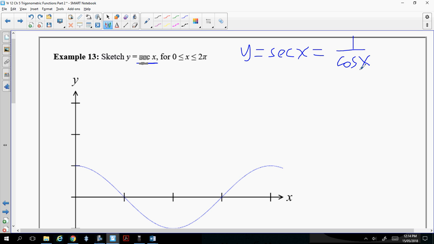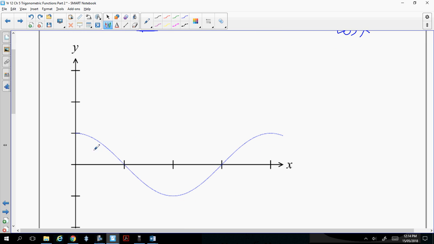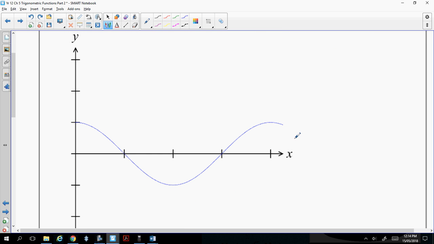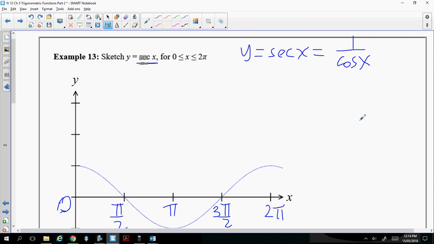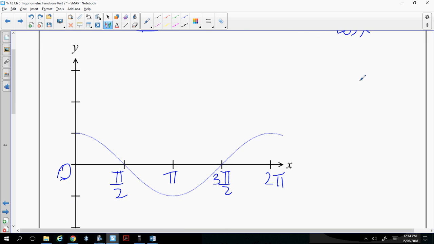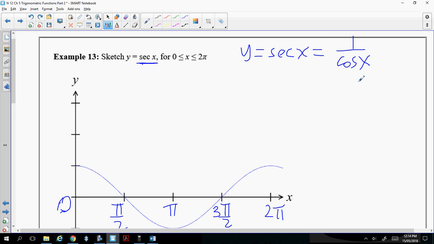There is the 2 pi, there's the pi, there's the pi on 2, there's the 3 pi on 2, and 0. So what we're going to do is draw the graph of the reciprocal of cos x.